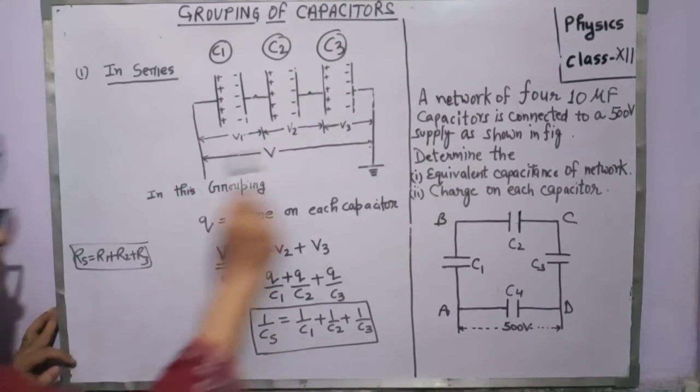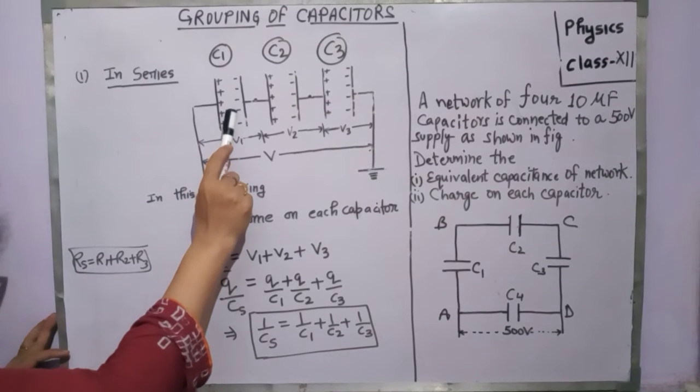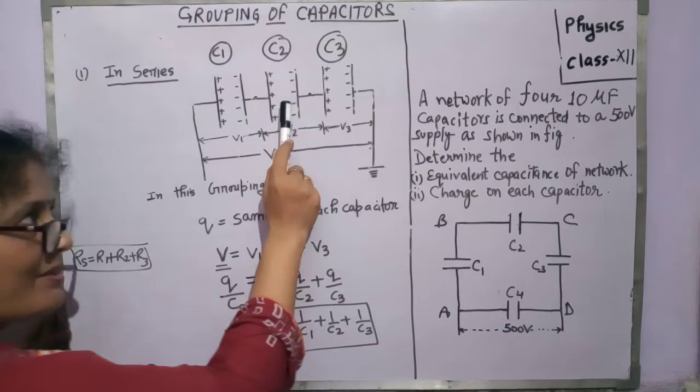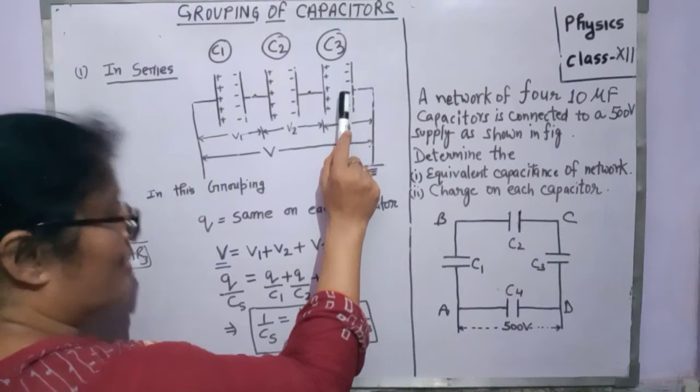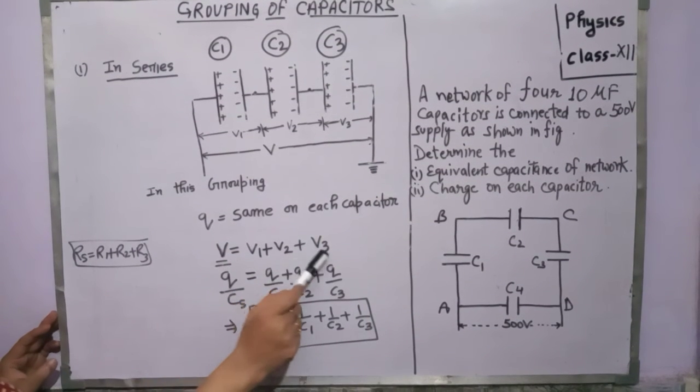Now the resultant V must be equal to the potential difference across the first capacitor, the second capacitor, and the third capacitor. That means V is equal to V1 plus V2 plus V3.